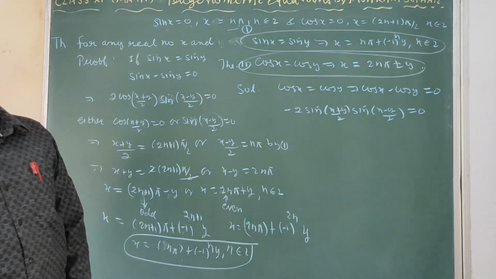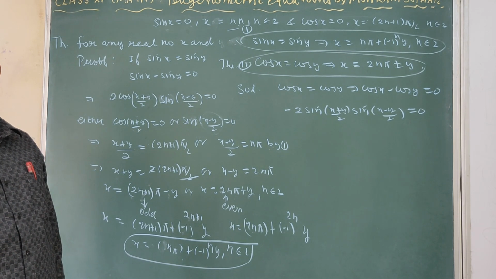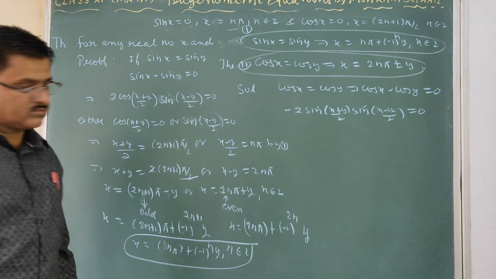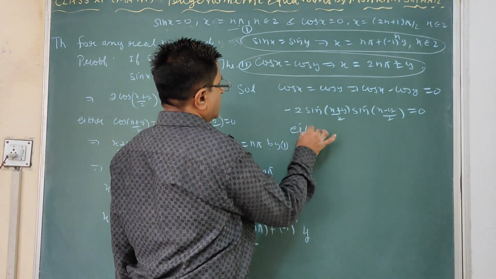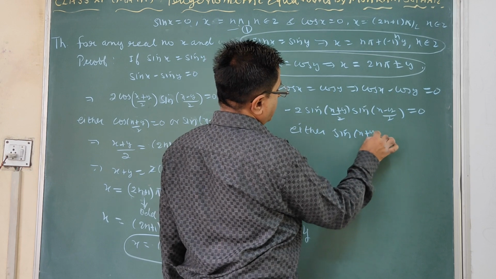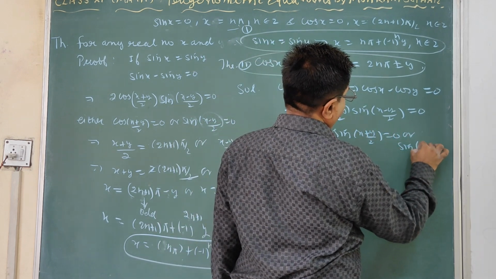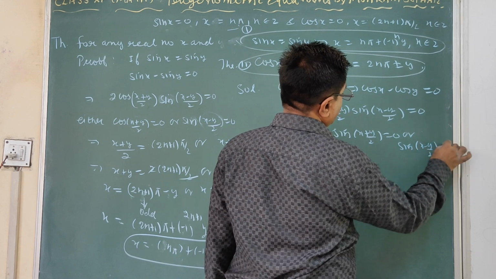So again the product of the two functions is 0, then either of them is equal to 0. So you can say either sin of (x plus y)/2 equal to 0 or sin of (x minus y)/2 equal to 0.